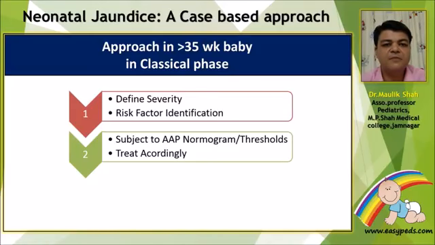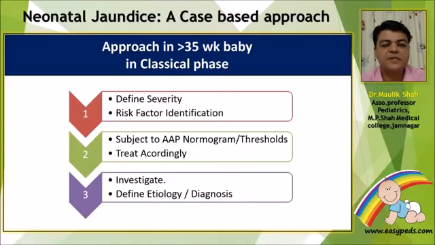We need to treat the baby accordingly based upon the nomogram suggestions, like going for phototherapy or exchange transfusion. After that, we need to investigate thoroughly while ongoing treatment is on. We need to investigate this baby for different things which will define the etiology and diagnosis of the baby and also help us locate the prognosis of the baby.